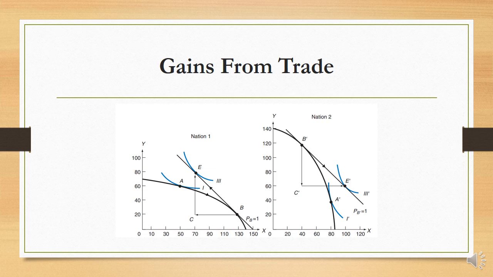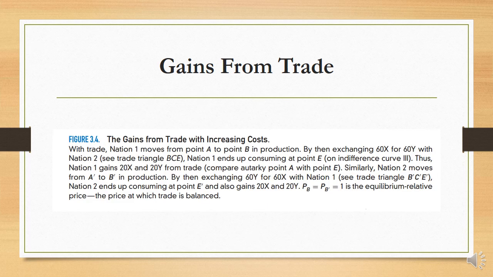Similarly, nation 2. With trade, nation 1 moves from point A to point B in production, then exchanging 60X for 60Y with nation 2, and nation 1 ends up consuming at point E. Thus, nation 1 gains 20X and 20Y from trade.